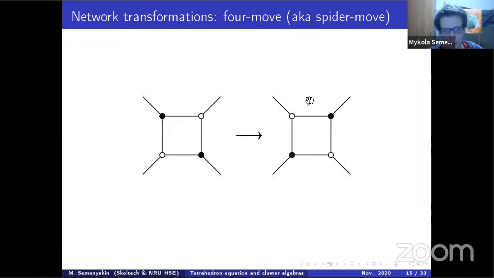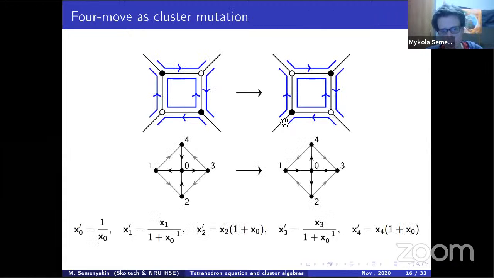Another transformation is the four move, and we can also define such a transformation of corner variables, which makes the transformation consistent. Here is written not the transformation of corner variables, but products of corner variables. So x0 is the product of four internal corner variables. For example, x1 is the product of this corner variable times this corner variable, and so on.